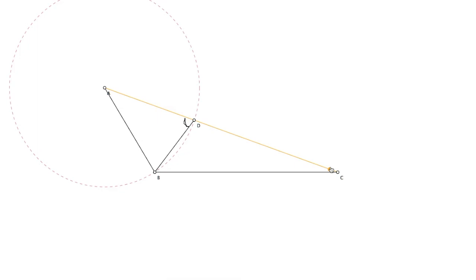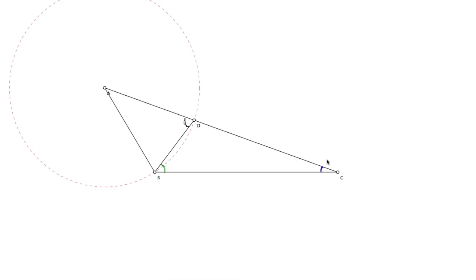And because it's the exterior angle of triangle BCD, it is greater than either of the interior and opposite angles. That is to say, it's going to be greater than this angle at B, and greater than this angle at C. So the black angle is going to be greater than the green or the blue angles. It has to be, right, by proposition 16.